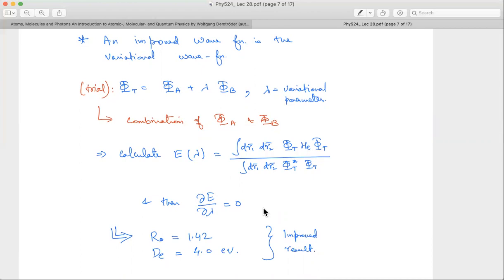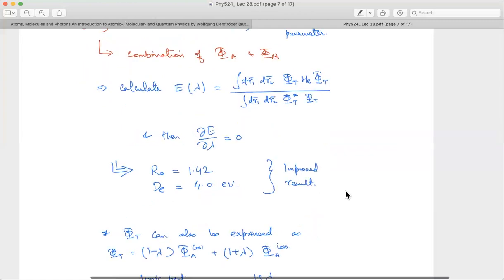Remember the E versus R plot. From that plot I can again calculate R0 and DE. Here R0 is written in atomic units, where the atomic unit, recall, was the Bohr radius. So 1.4 into 0.5, that is a bit close to 0.8 actually, and DE is 4 electron volt.